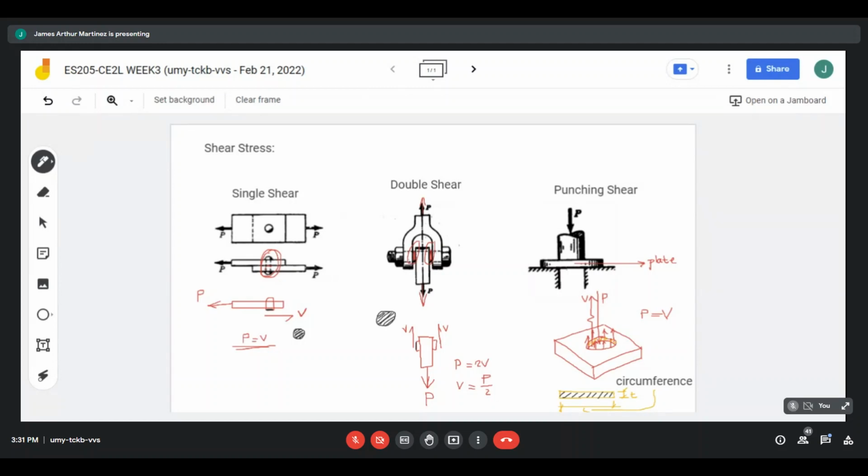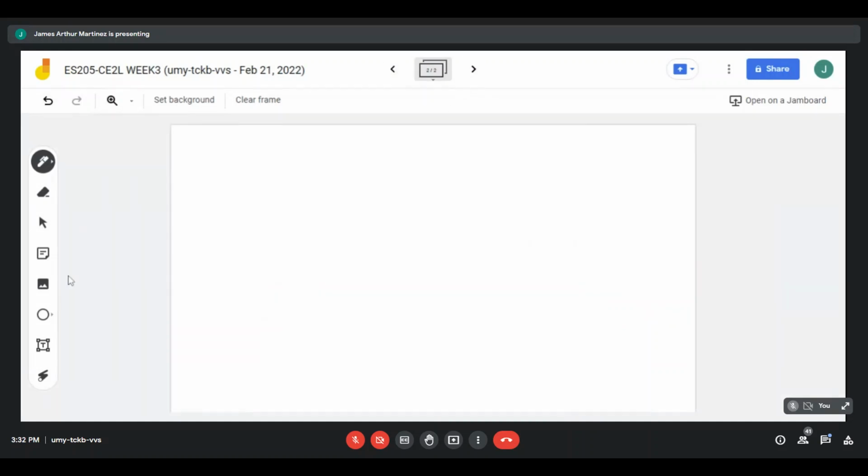So let's proceed with our sample problems, to further illustrate our discussion on shearing stress. So di na lang ko mabalik sa atong PowerPoint. Ako na lang siyang piyahon and i-paste diri sa ato ang virtual whiteboard.